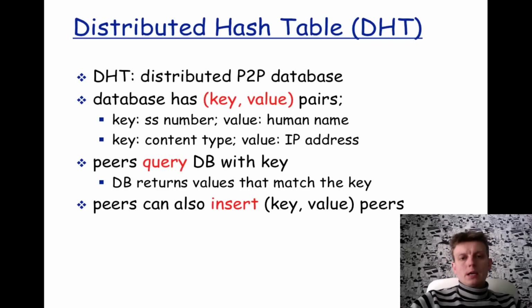Then we need a special mechanism for how we send the request with the specific information that we are looking for, how this request is propagated in the network, and how the value is returned to us.